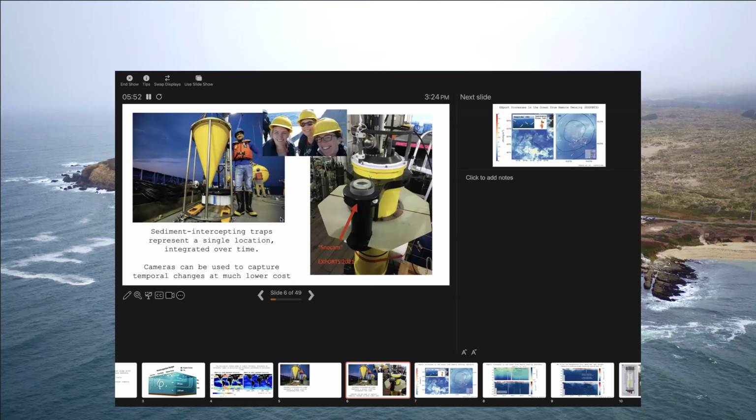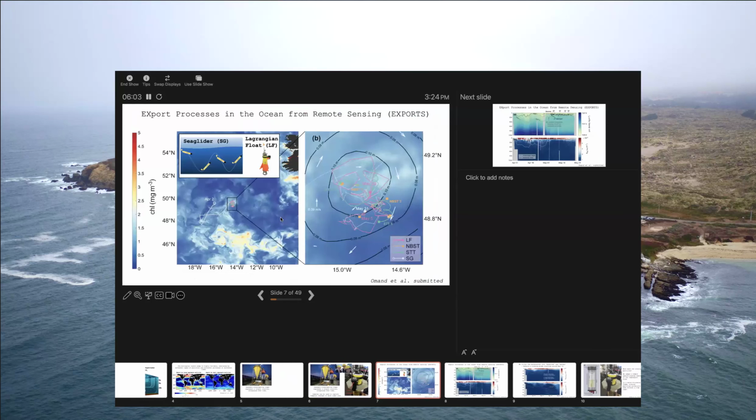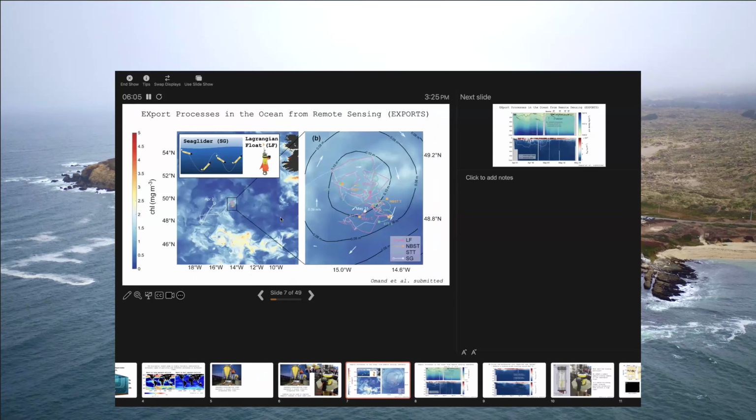Lagrangian just means that it goes subsurface and then follows the water, similar to the BGC Argo floats that you heard about last week. And so we called this SNOWCam, and the first one that we built was deployed during the NASA Exports campaign in the subarctic Atlantic Ocean.